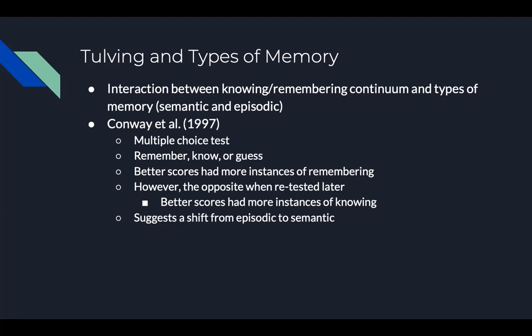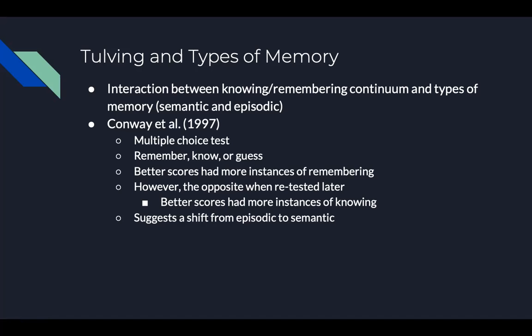So going from, "I remember reading that yesterday on page 3 of my study guide, and I talked that over with one of my classmates when we were studying in the library," and shifting from that to more of a semantic sense of memory: "I don't know how I know, I just know that's the answer."